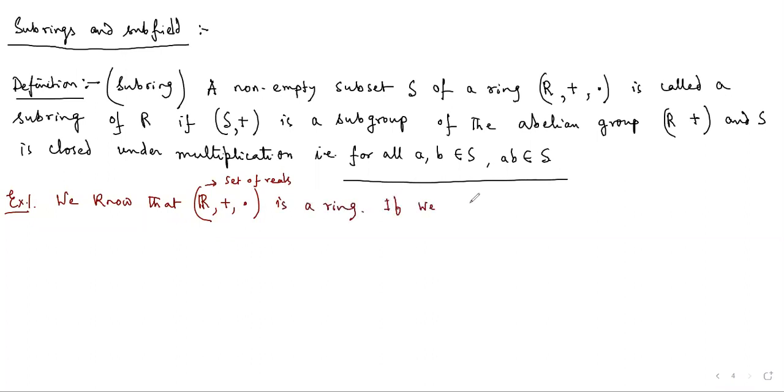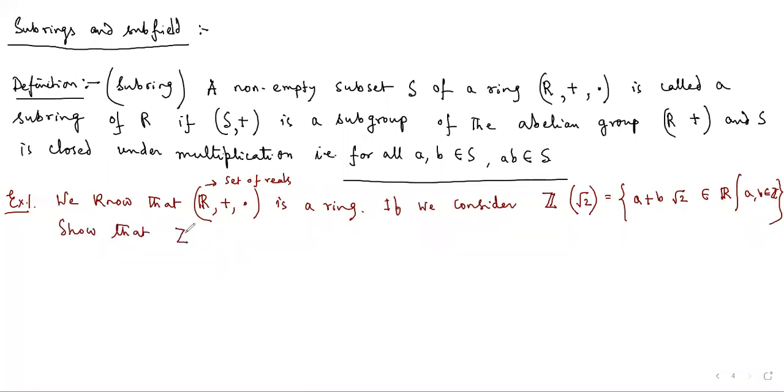If we consider the set Z root 2, which is the set containing elements a plus b root 2 belonging to R, actually this is the set of surds, a, b belonging to Z. Okay. Show that Z root 2 is a subring of R.